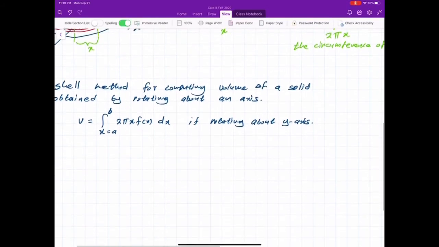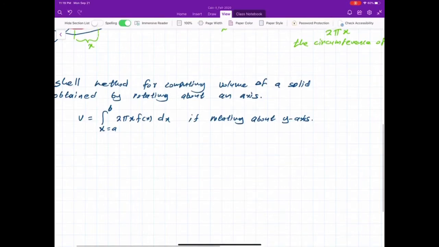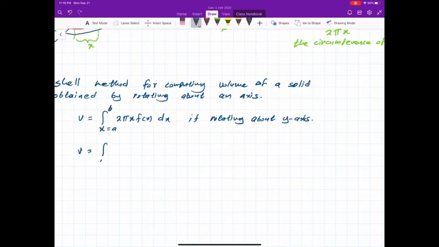Now let's write the next equation. Next equation is v equals integration, y goes from c to d, 2 pi y f of y dy, if rotating about the x-axis.